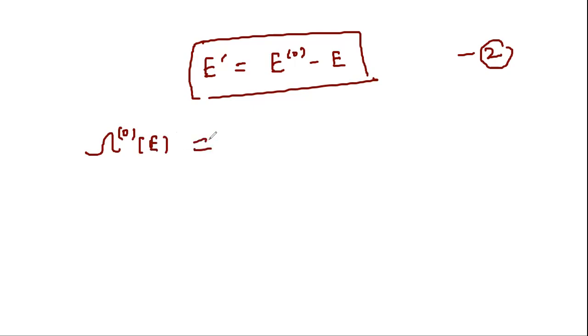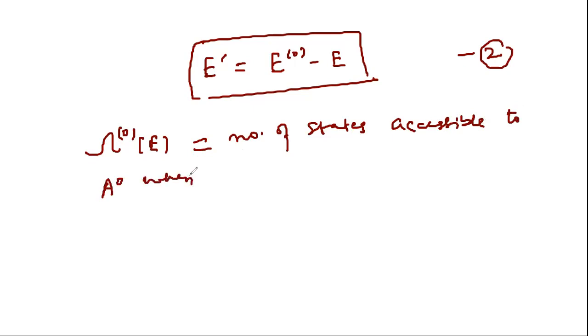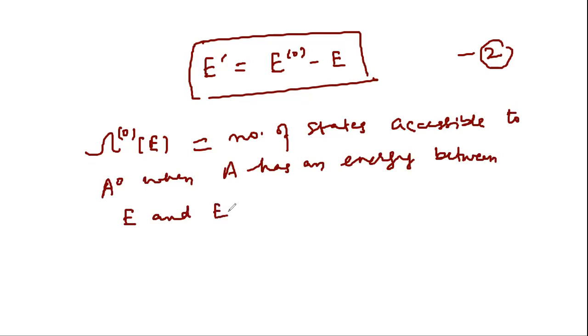It is the number of states accessible to the combined system A naught when A has an energy between E and E plus delta E.